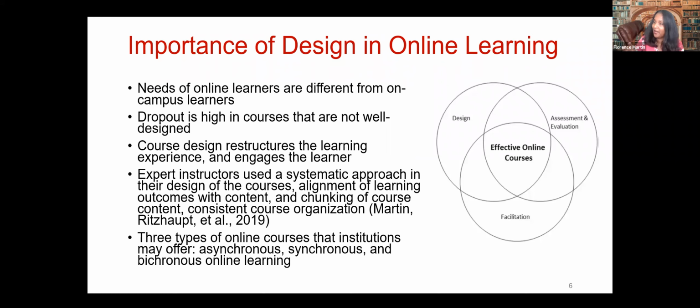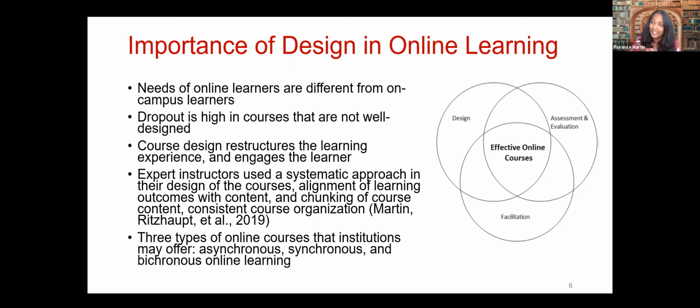So we drew this framework. Actually, Albert drew this framework, who also was on the study. So Albert Ritzhaupt and Swapna Kumar, who are both at University of Florida, were part of the study. So we came up with this framework where effective online courses have 3 important elements: design, facilitation, and assessment and evaluation. We do a lot of thinking ahead, right? All that falls under design.